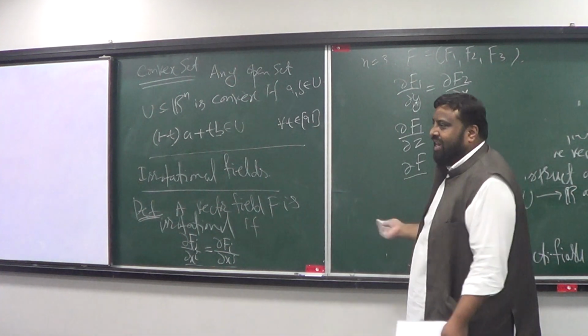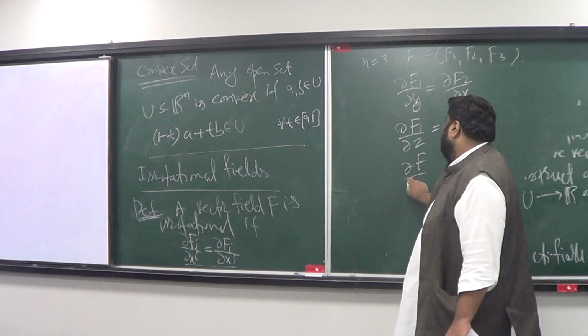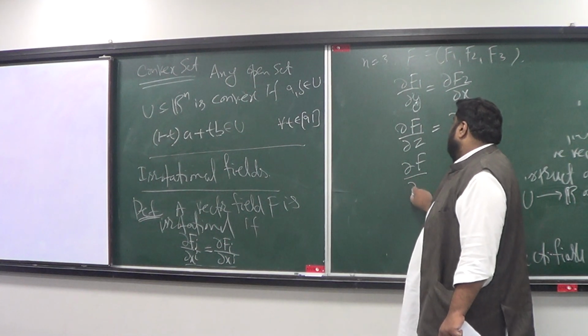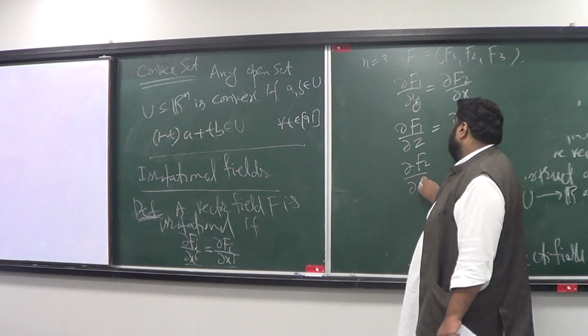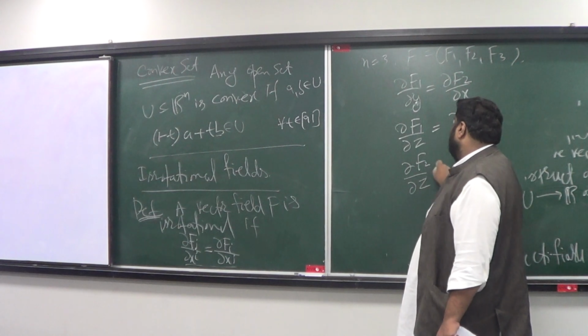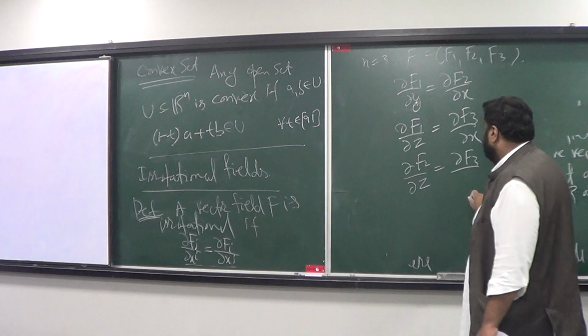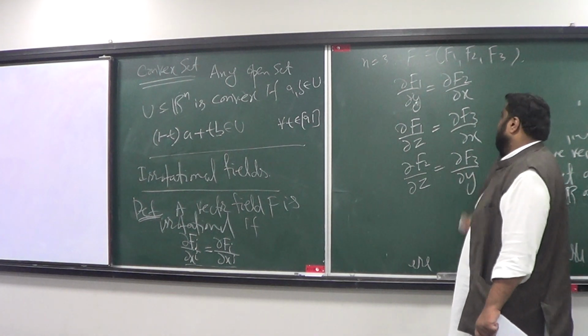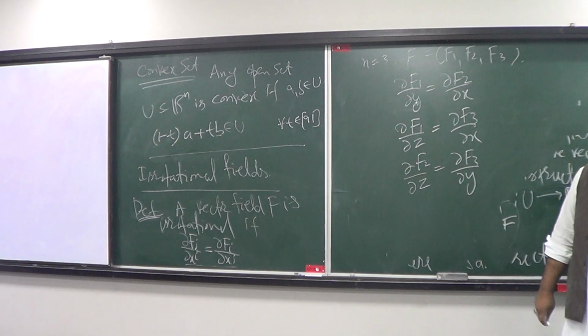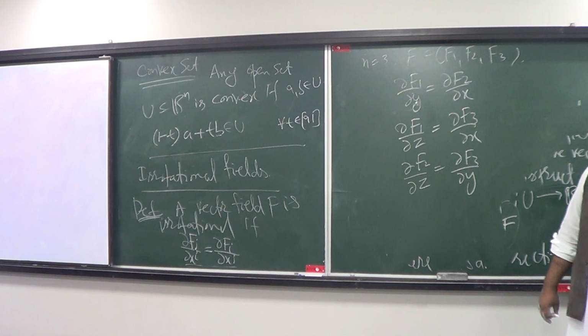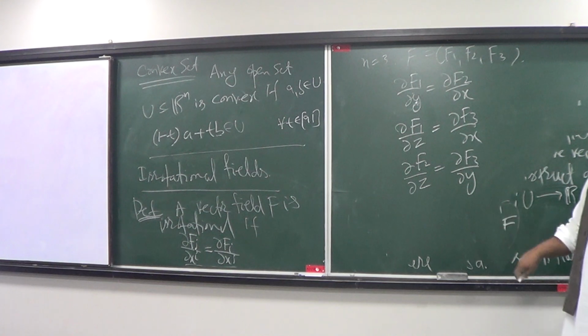So we are talking about i and j different. What should be the next thing? F2 with respect to z should be the same as F3 with respect to y. So anything else? So 3 conditions. Why 3? Can there be anything else?